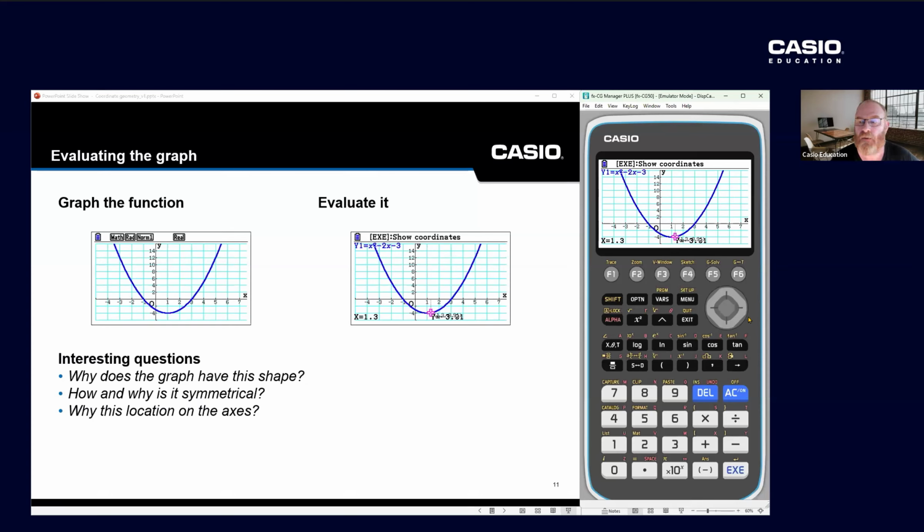You can scroll using your scroll pad, and you'll see that the cursor moves along the function. You can scroll left or right. Currently, because we've got these particular settings, the amount that you scroll with each key press is a tenth. But what if you wanted something slightly more accurate than that, or a different value?